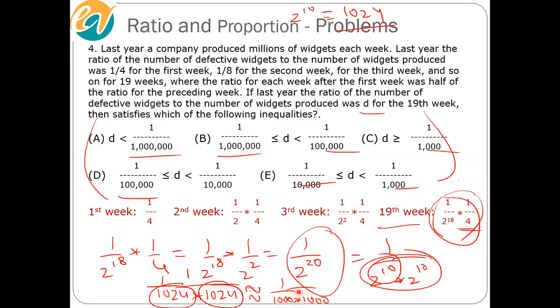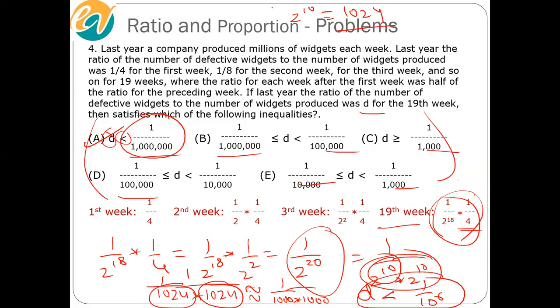So D, in other words, is lesser than 1 upon 1000 into 1000. Correct? So in other words, D is lesser than 1 by 10 raised to the power of 6. And that's exactly what alpha says, right? D is lesser than 1 upon 10 raised to the power of 6. Are we clear?